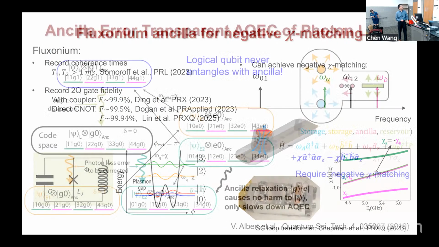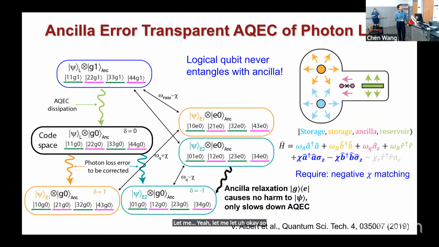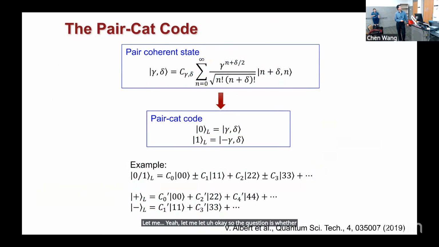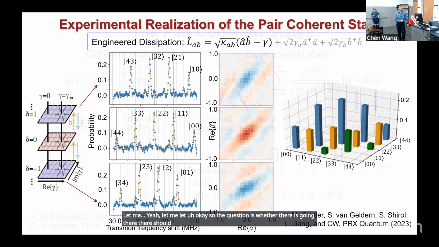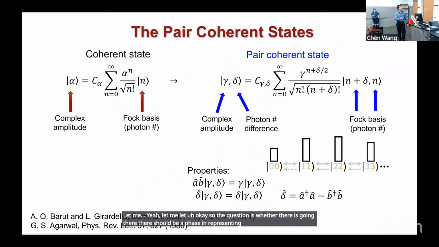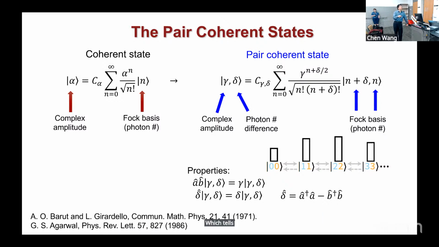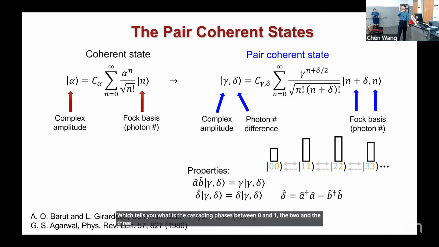Yeah, okay, so the question is whether there should be a phase in representing the pair coherent state. Let's talk about the coherent state first. Alpha is a complex number, which tells you the cascading phases between 0 and 1 and 2 and 3 for a single cavity coherent state.